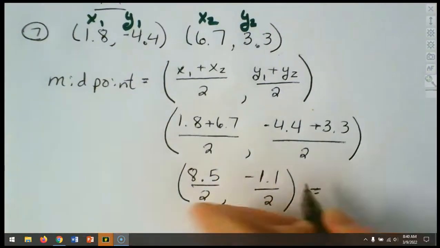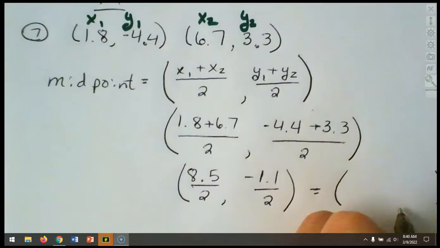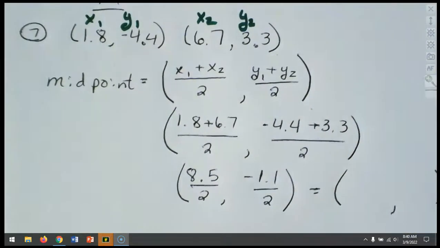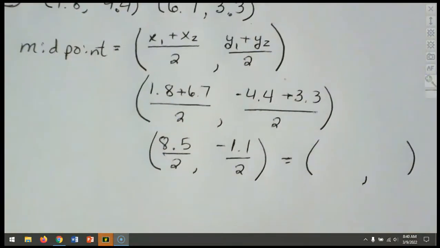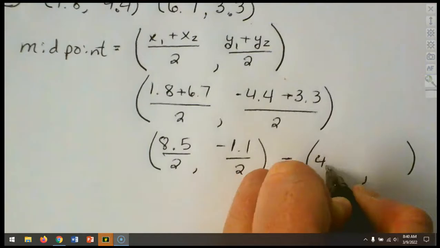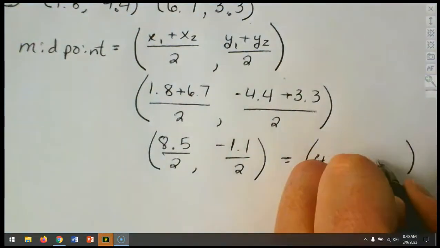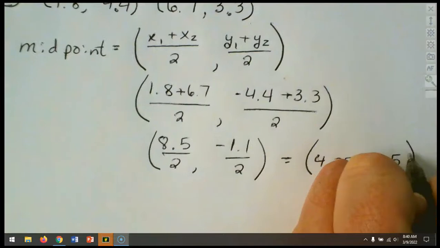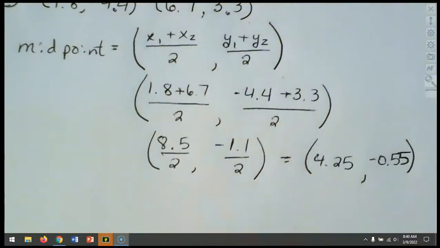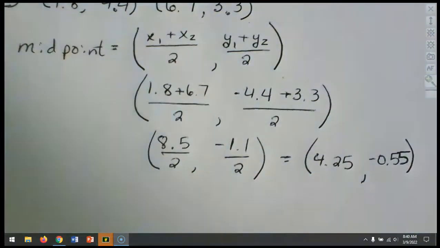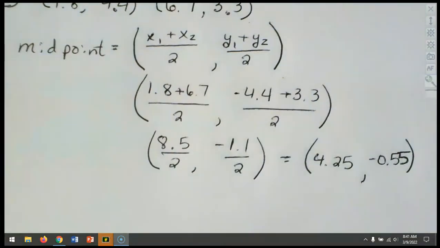Then we can reduce those down as decimals. 8.5 divided by 2 comes out to be 4.25, and minus 1.1 divided by 2 comes out to be minus 0.55.